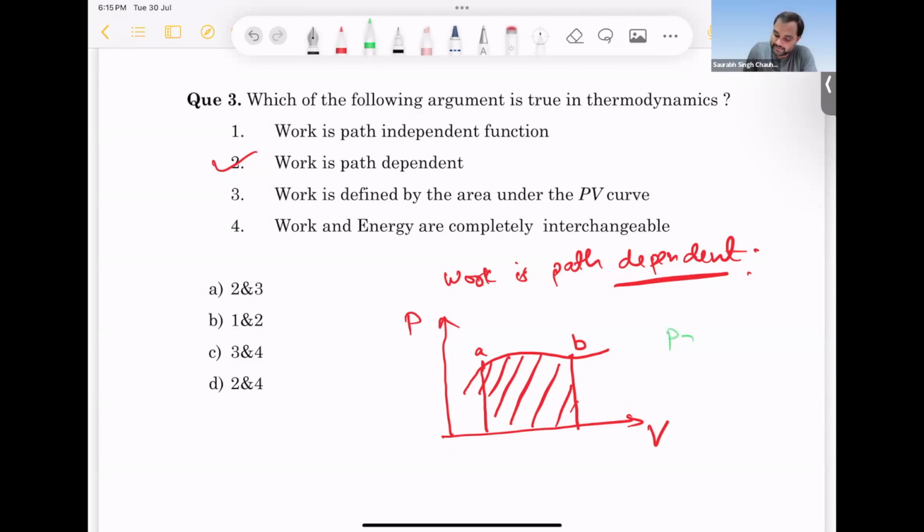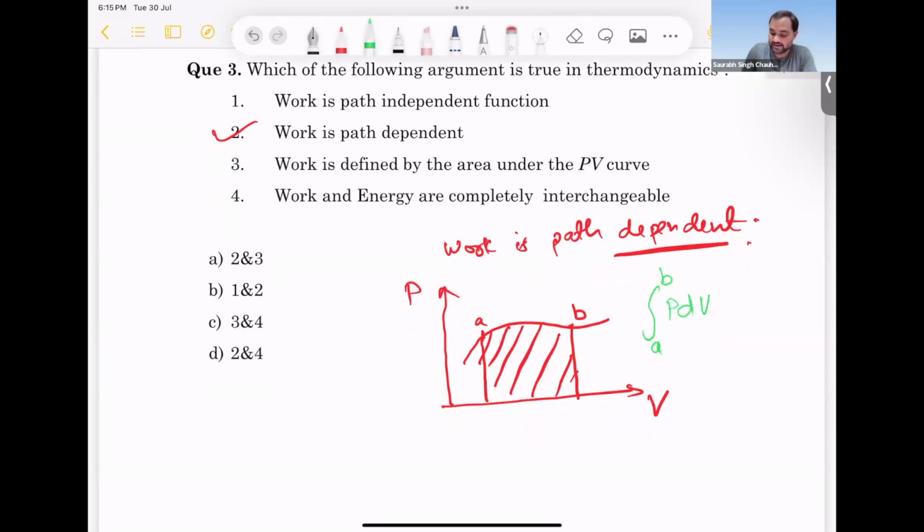Integration will be the integral of P dV from point A to B. And P dV, you know, is differential work, right? So if you integrate dV from A to B, you will get the work done, correct?